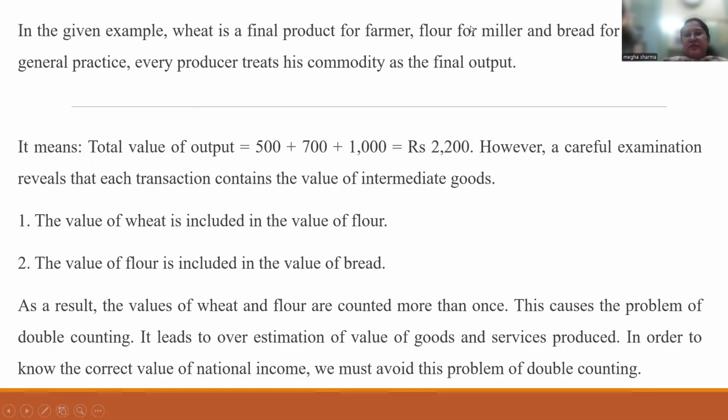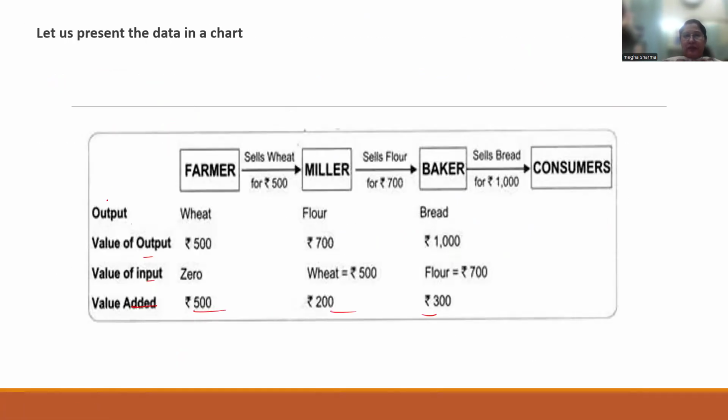Now, in the given example, wheat is a final product for the farmer, flour for the miller, and bread for the baker, as in general practice every producer treats his commodity as the final output. Now, if I don't use the formula of value added, that is value of output minus any kind of intermediate consumption, what would be the error in the economy?